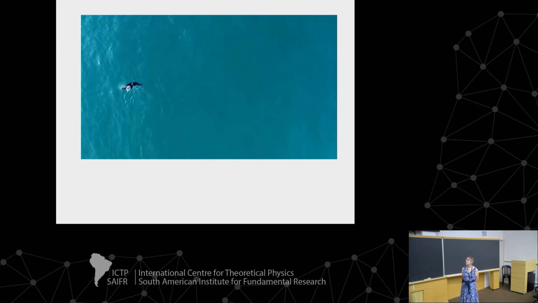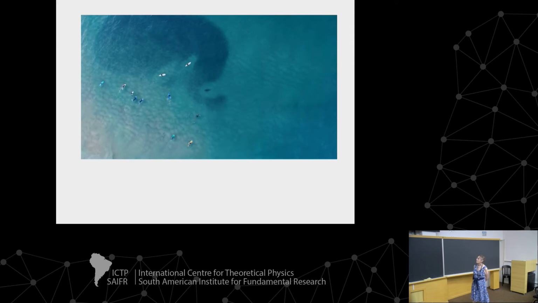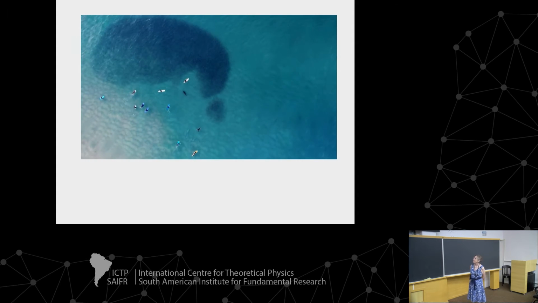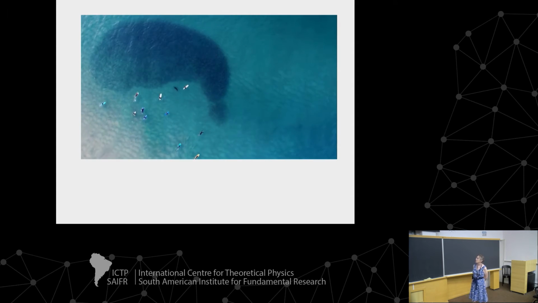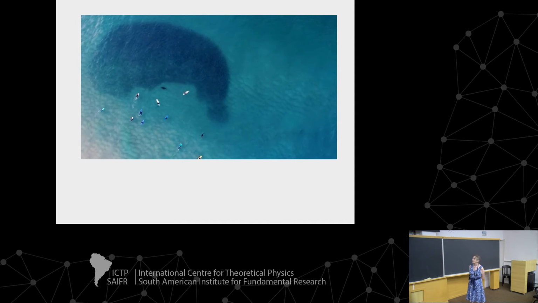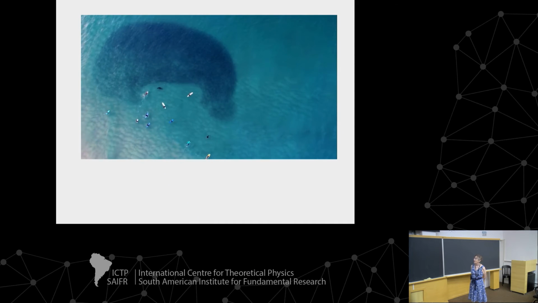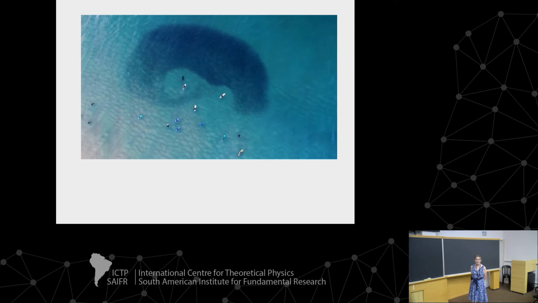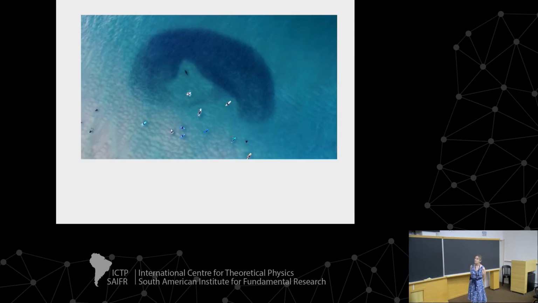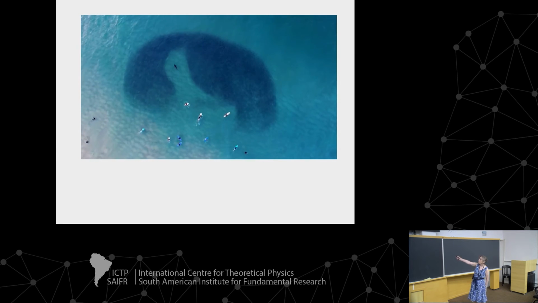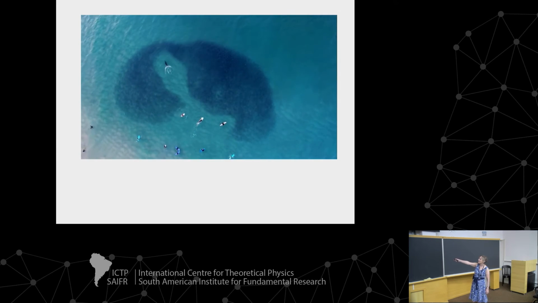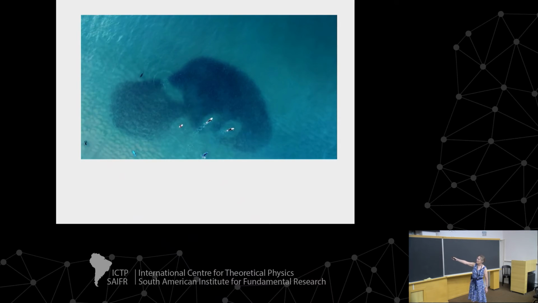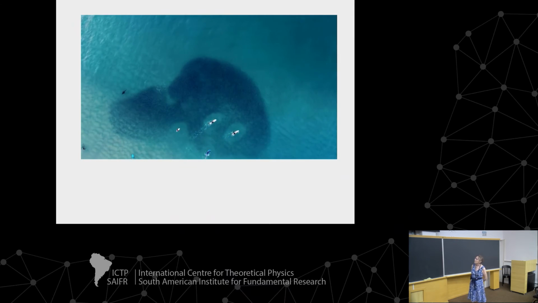Let's look at the macroscopic ones. I mean, here I understand nothing, and it's just such a beautiful problem. Okay, that's a shoal of fish. That is apparently a seal, right? I showed the people in the Netherlands who know about seals, and they said it was a seal. I'm sure it's not a shark because of what these guys are doing, okay? I thought it was probably a porpoise or a dolphin, but it's a seal apparently, and it wants its dinner.